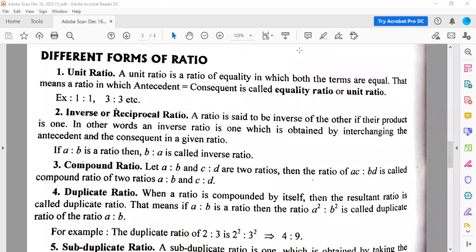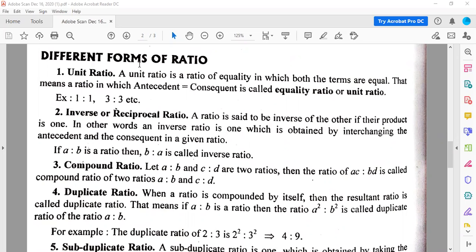Okay. So moving further are the different forms of ratios. Let us understand what the different forms of ratios are. The first form of ratio is unit ratio. In a unit ratio, both the terms are equal, which means the first term, the antecedent, is equal to the consequent, like 1 is to 1, 3 is to 3, 5 is to 5, 10 is to 10. 200 is to 200 is also a ratio.